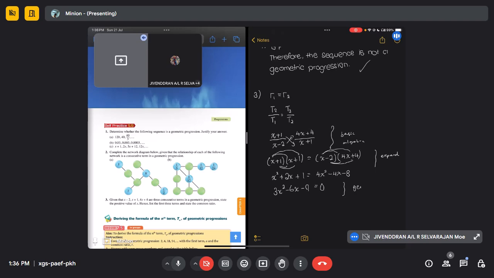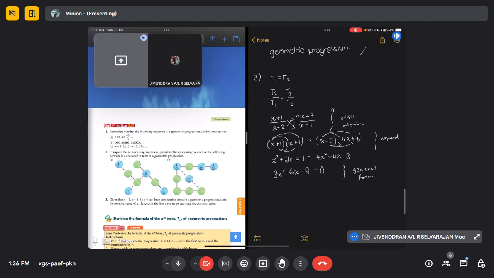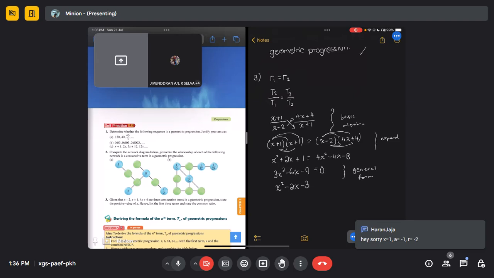Make it into general form. General form is basically ax squared plus bx plus c equals 0, okay? Then you can simplify this to turn into x squared minus 2x minus 3.